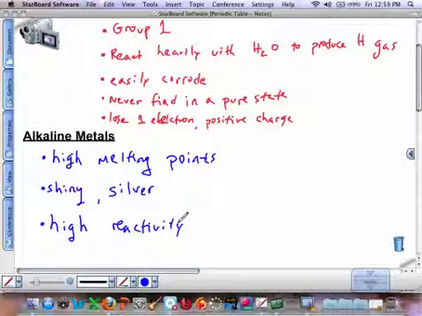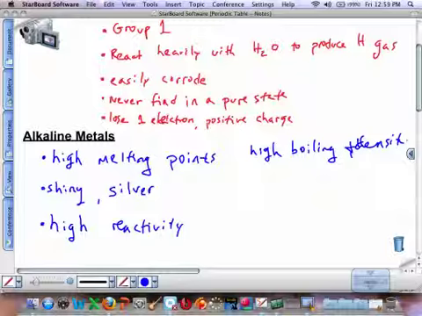All right, other things? They have high boiling point and low density. High boiling point. And we'll say and density. So high boiling point and density. By the way, what are your batteries made out of? What metals are inside your batteries? Lithium and what?